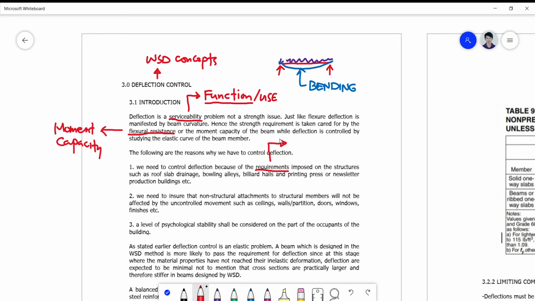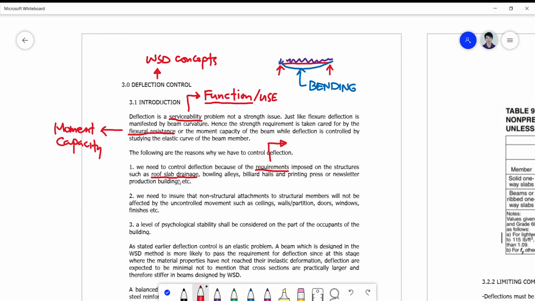So example of that is the requirement on drainage, okay, on the roof of a structure. Okay, so we need to bear in mind that drainage has something to do with the slope maintenance of your beams and slab members.